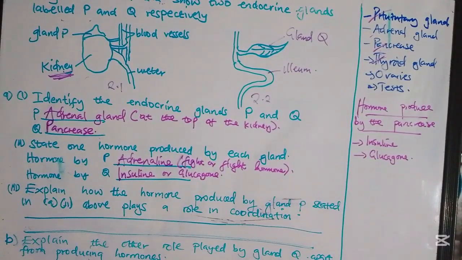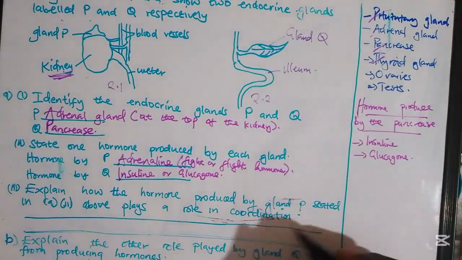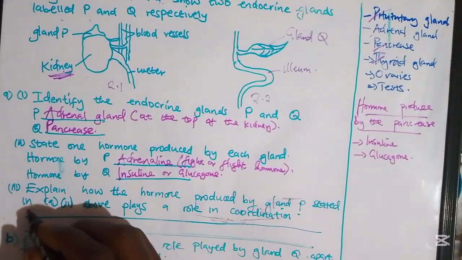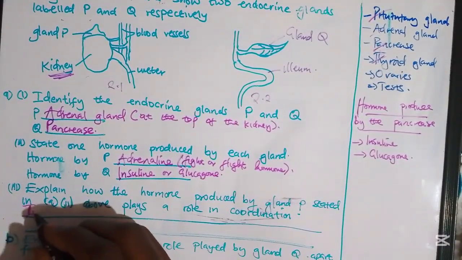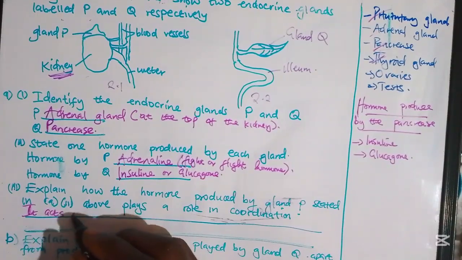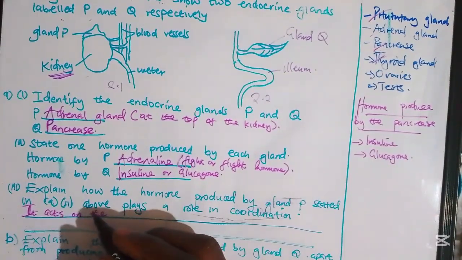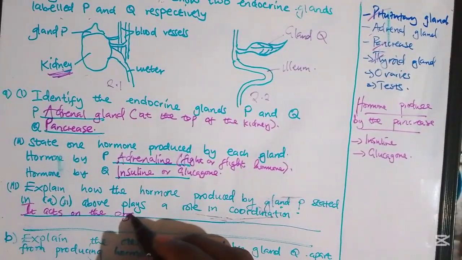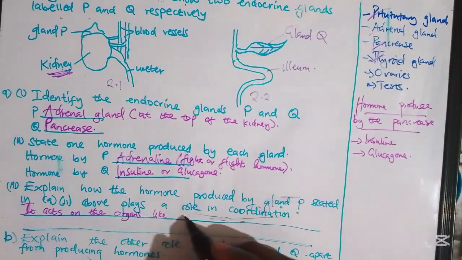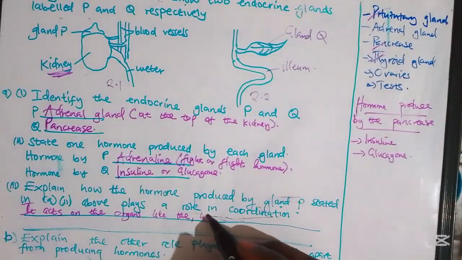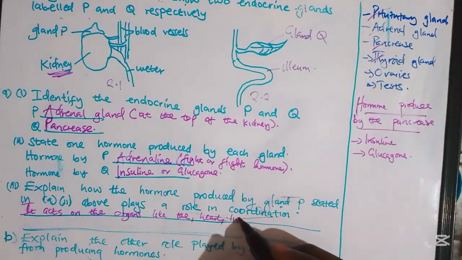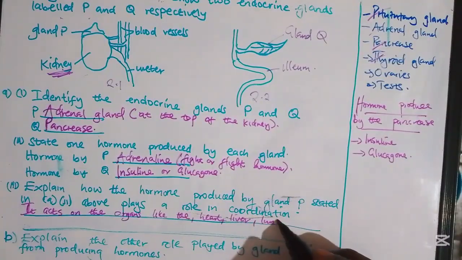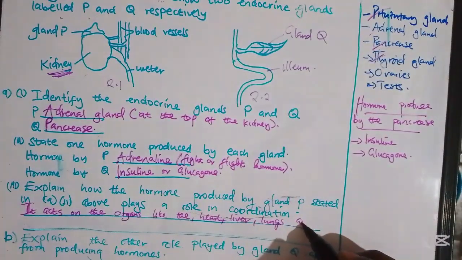You can say that the hormone produced by gland P acts on the organs like the heart, liver, lungs, and eyes.